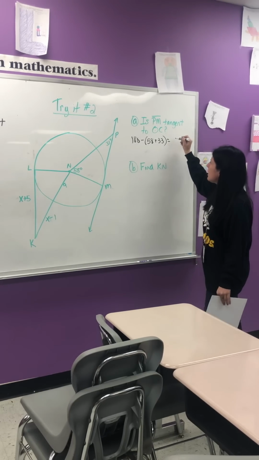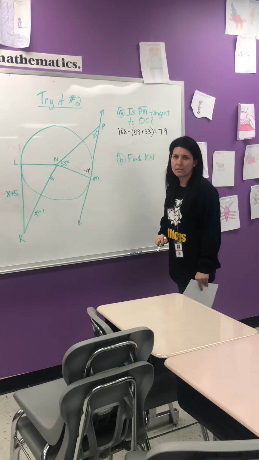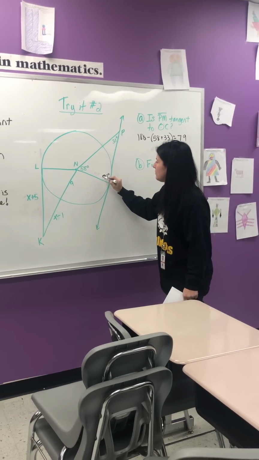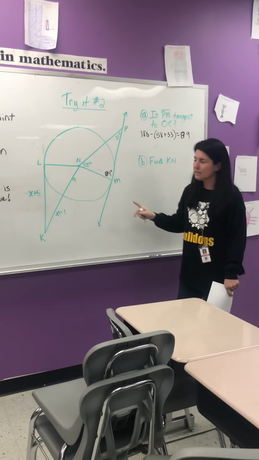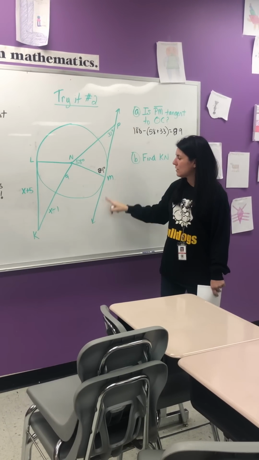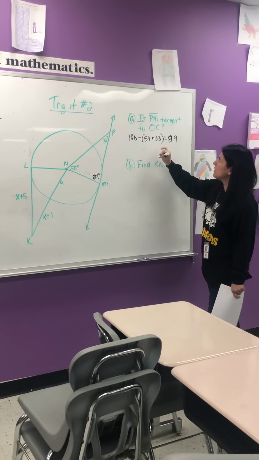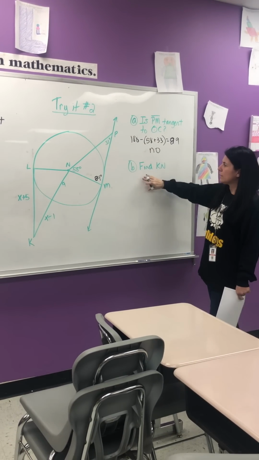When we subtract this out, that unknown angle is 89 degrees. Because it is not 90 degrees, that means that this is not perpendicular, which means that this is not a tangent line. So the answer to this question, is PM tangent to circle C, is no.